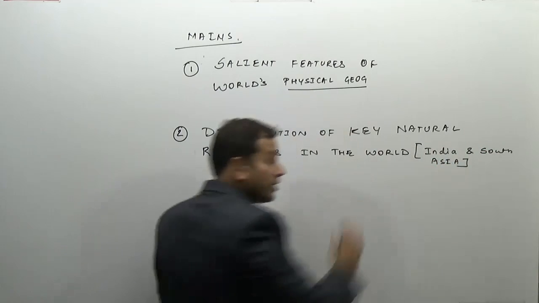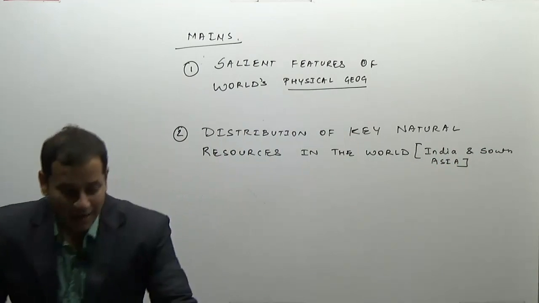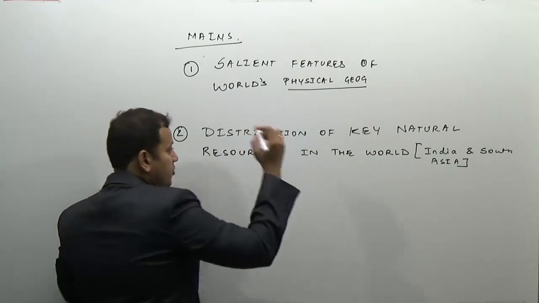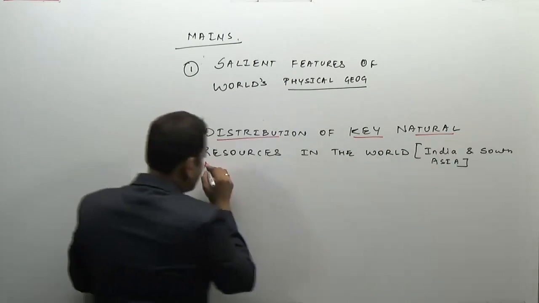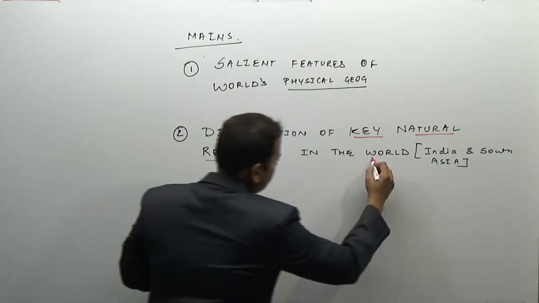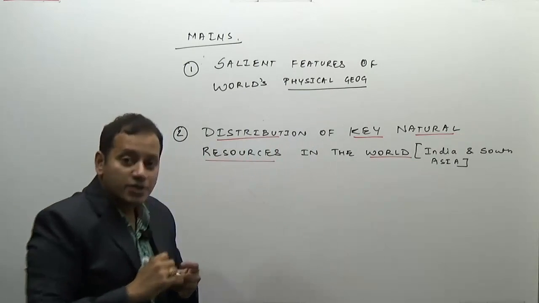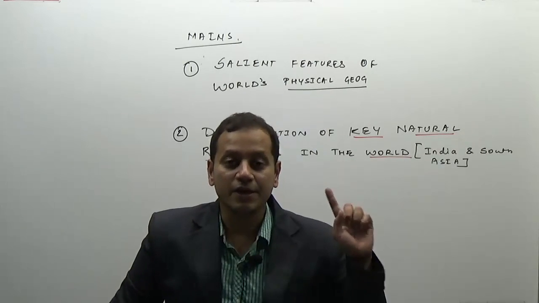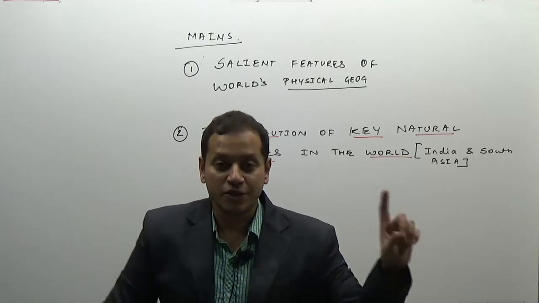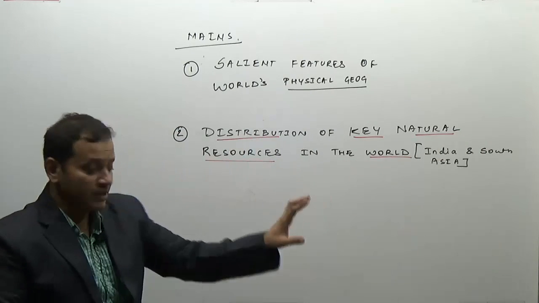So the second important topic here, and again the keyword is distribution of important natural resources in the world. So you don't have to focus just on the distribution of natural resources in India and the neighboring countries. We have to focus on the distribution of important natural resources in the world.